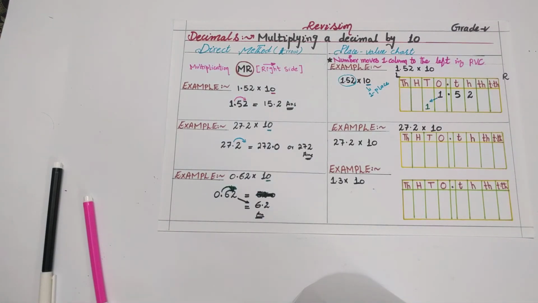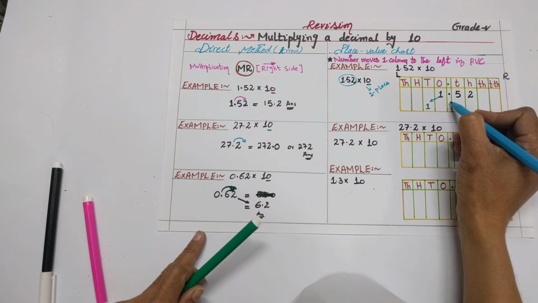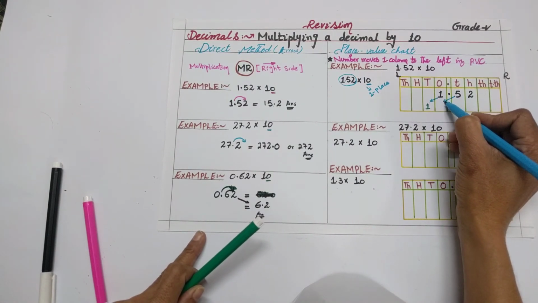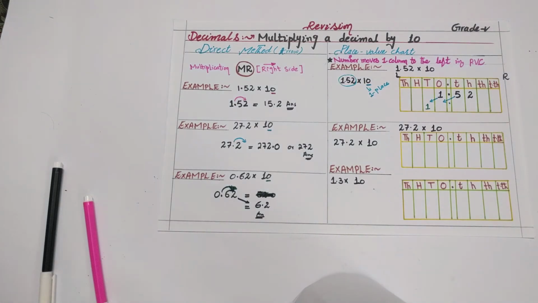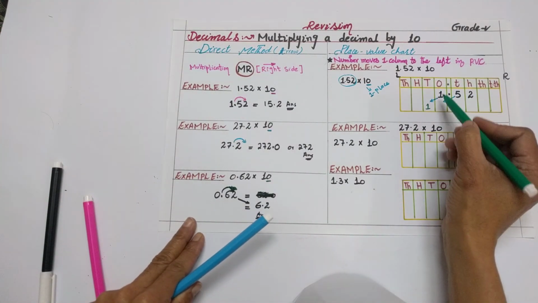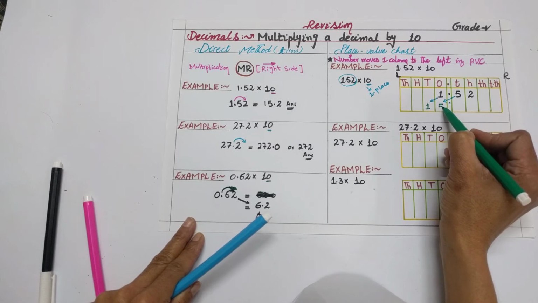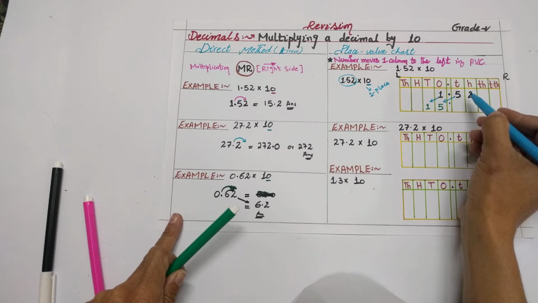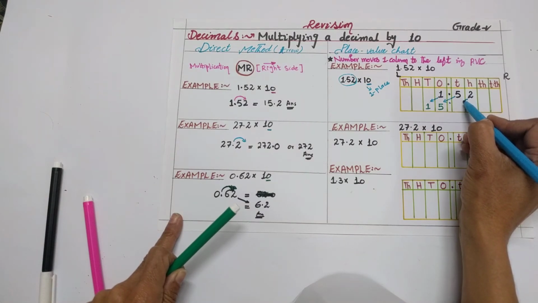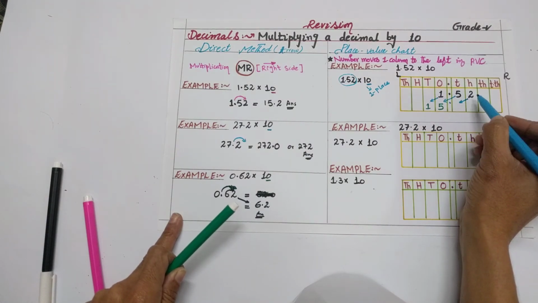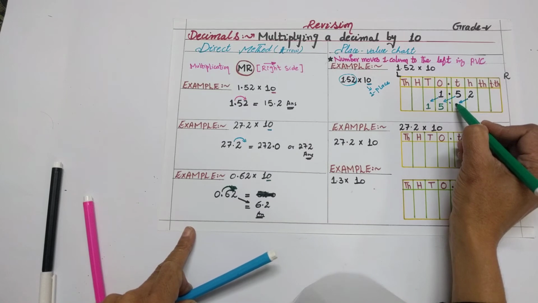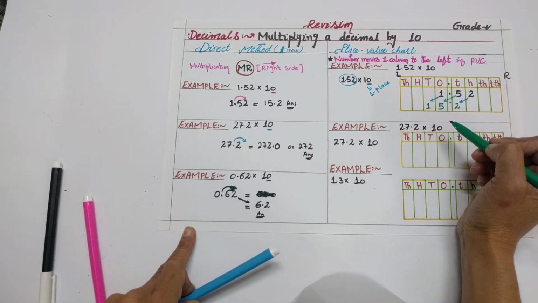The decimal will stay at the same place. 5 will shift to this place, so the new place of 5 will be the ones place. The last digit is 2. After multiplication by 10, 2 moves one column to the left, so the new place for 2 is the tenths place.